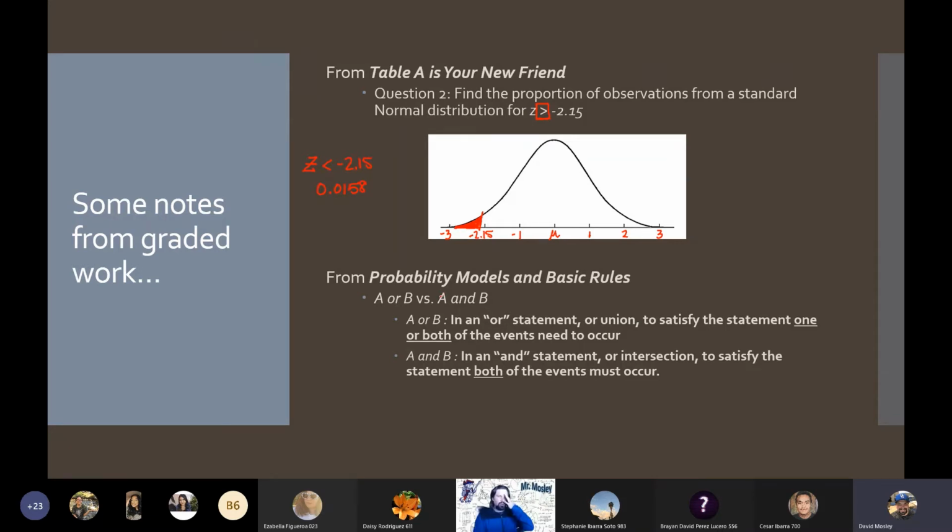And many of you reported that 1.58% of the observations were greater than negative 2.15. However, if we look at the graph, we wanted to know the proportion of the area over to the right, which we can see should be much larger than 1.5%.